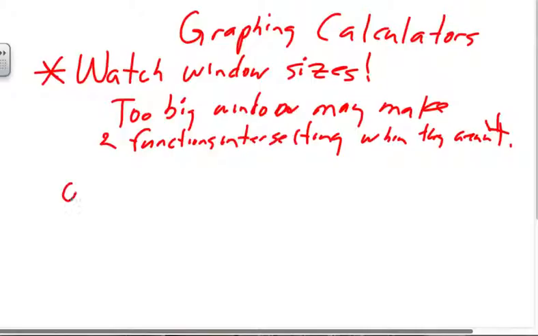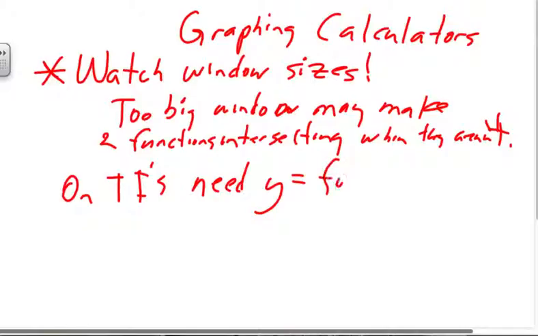On the TIs that you guys are dealing with, we need a y equals format. Now, you have something called Grapher, and we're going to take a look at it in just a second.